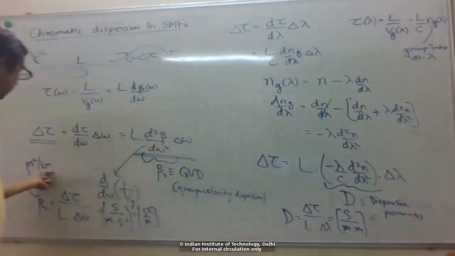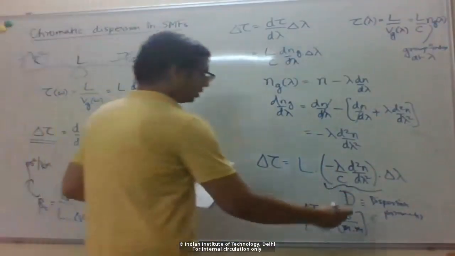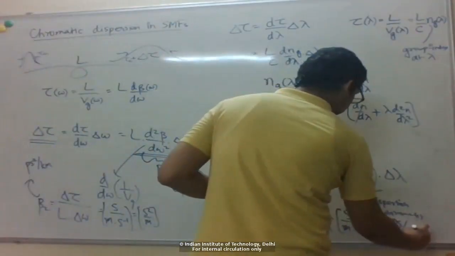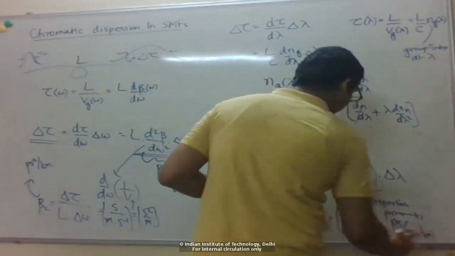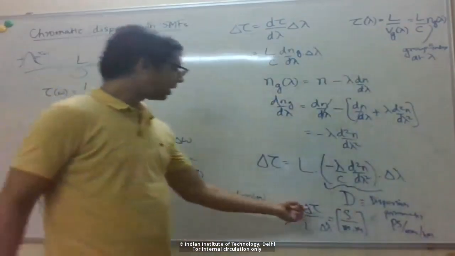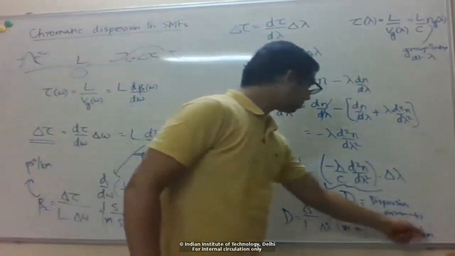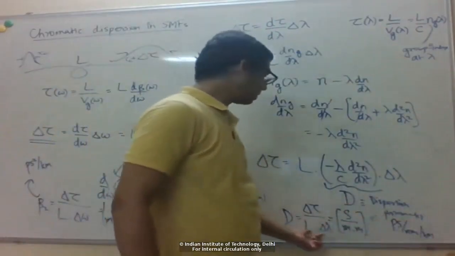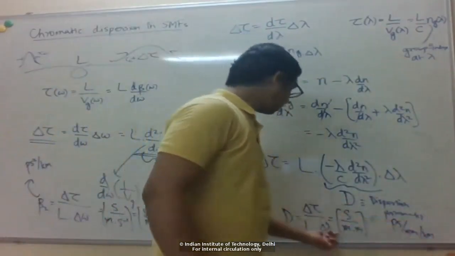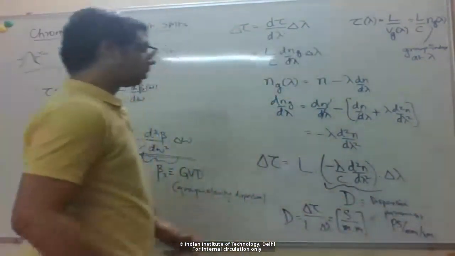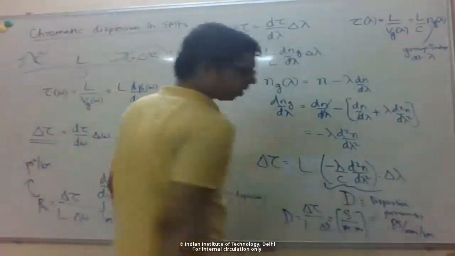Just like beta 2, this is usually denoted in picosecond per nanometer per kilometer. Usually the broadening is measured in picoseconds per kilometer of fiber per nanometer of bandwidth. So the units for D are picosecond per nanometer per kilometer.